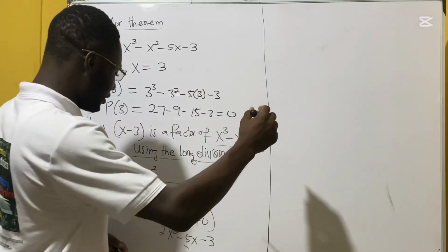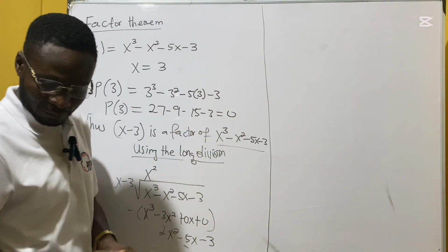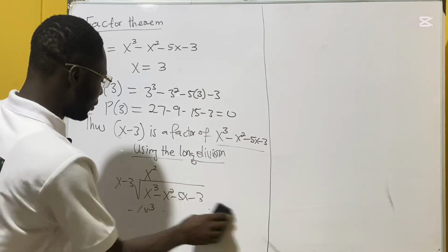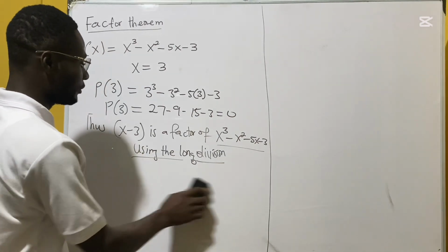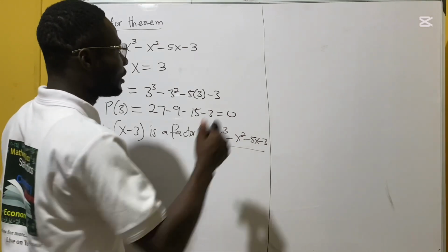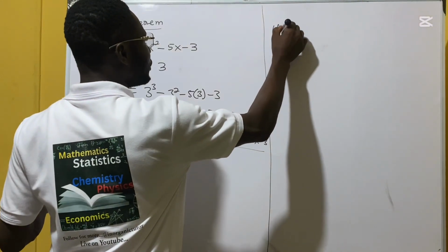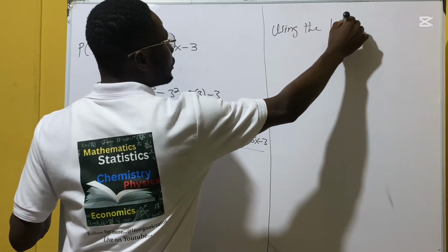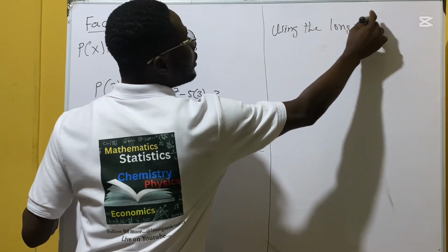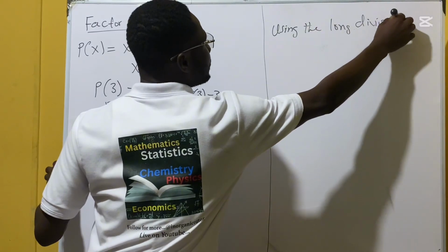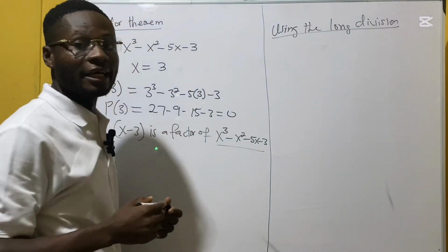Let's do the long division here. Using the long division method, we can find the other factors.